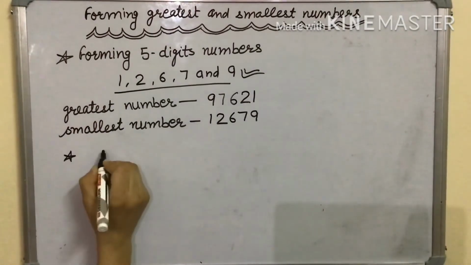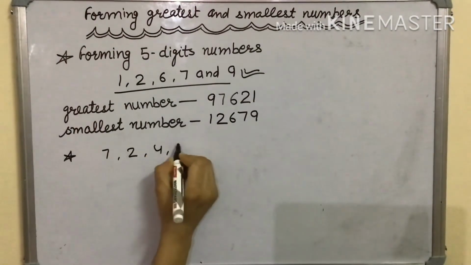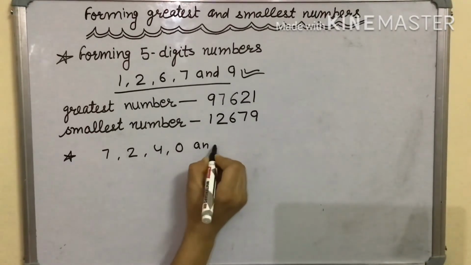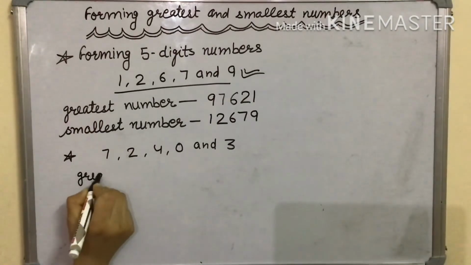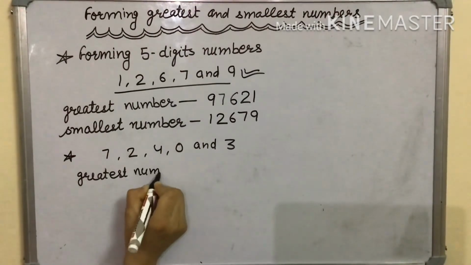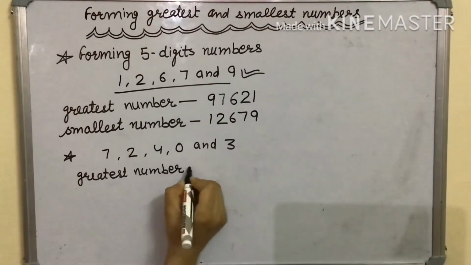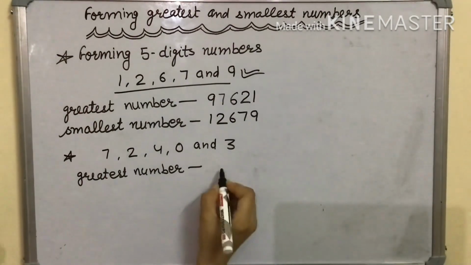If we are given 7, 2, 4, 0 and 3. These 5 digits are given. We write the greatest number. We will use the greatest digit first.